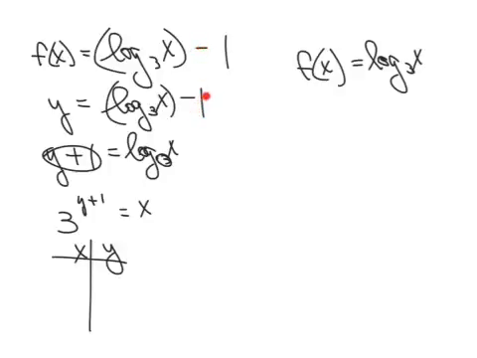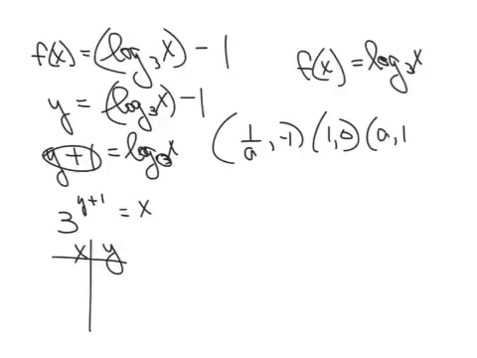So what that means is my step 1 on top of page 406, where it says 1 over a, negative 1, 1, 0, and a 1.